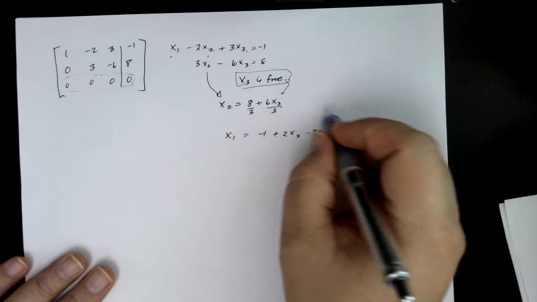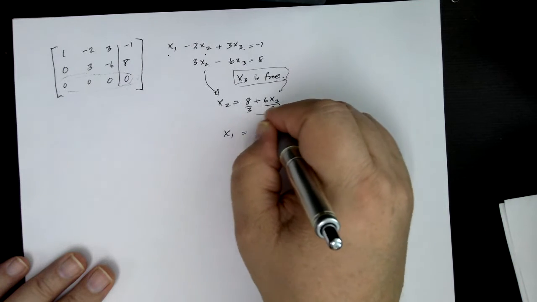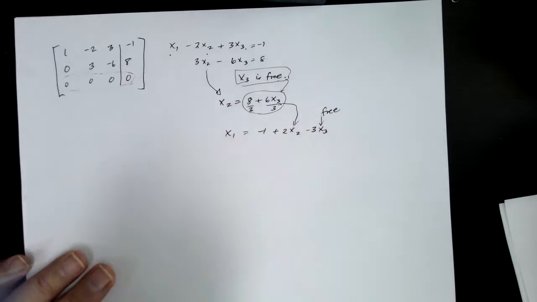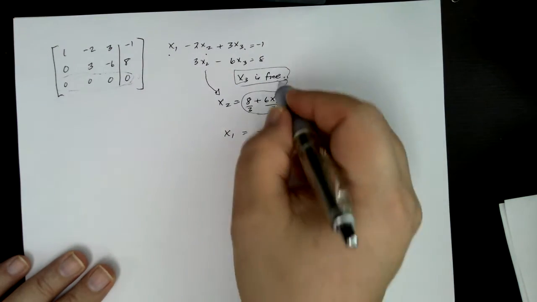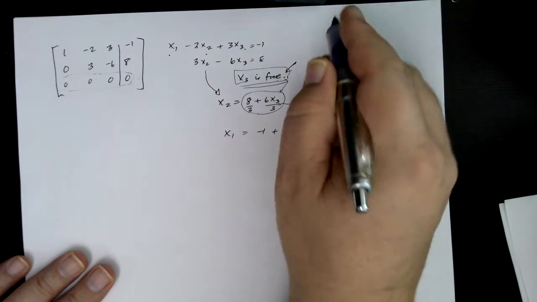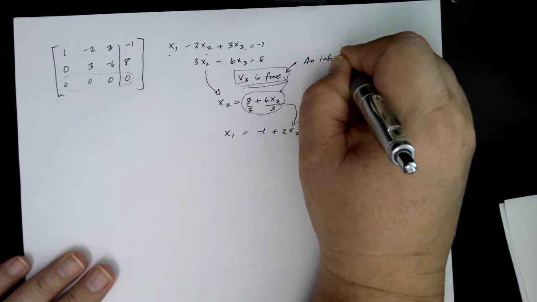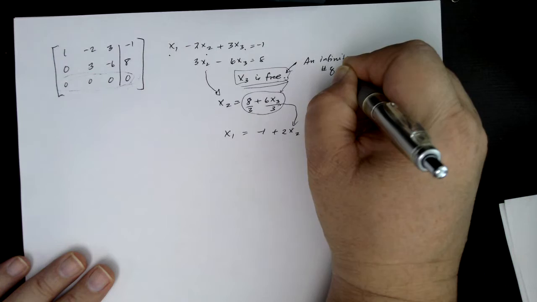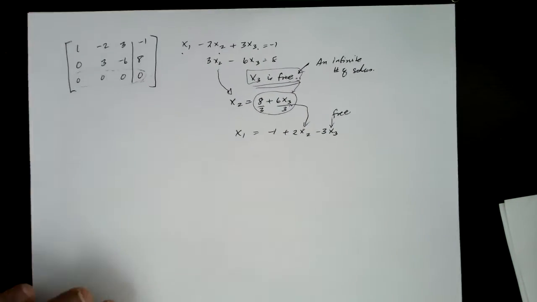Right? So x3 is free, and then x2 is equal to this. Good. So when you have a free variable, that corresponds to having an infinite number of solutions, because x3 is free to be anything. Okay.